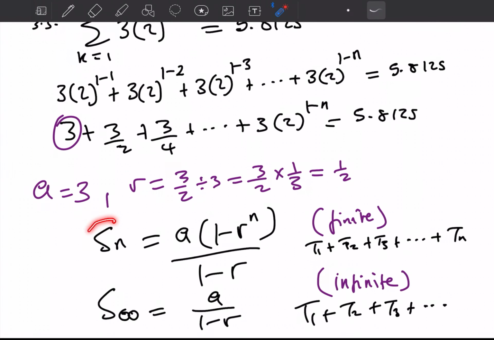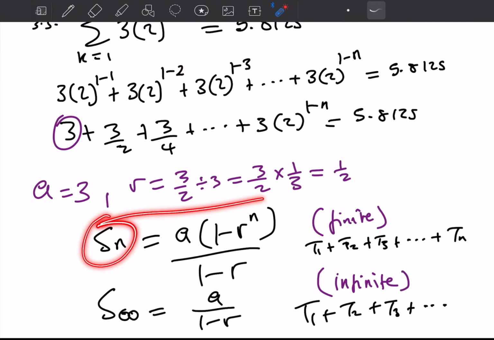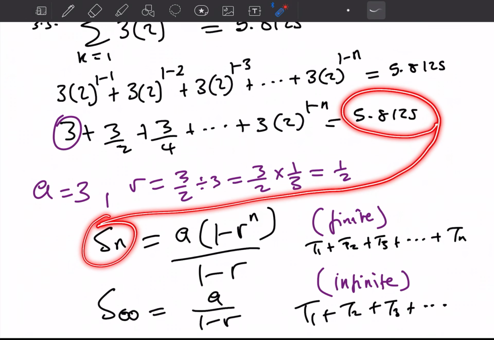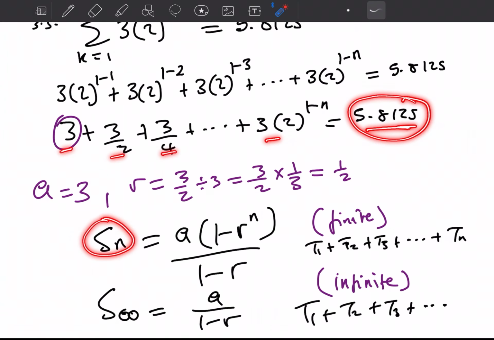And we know what the sum of all of these terms is, this. So this is equal to that. Why is that? Because if you sum all of this, you're gonna get this number, and this number is equal to this, Sn. So we got everything we need.